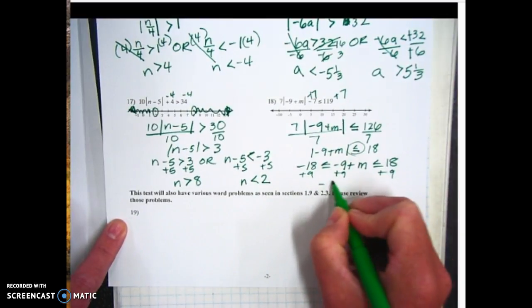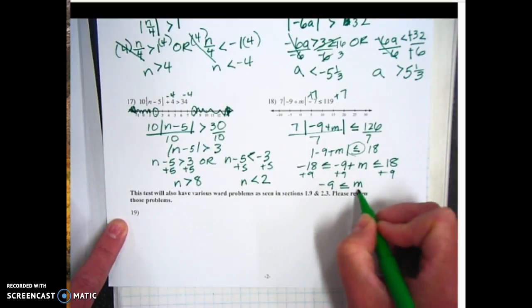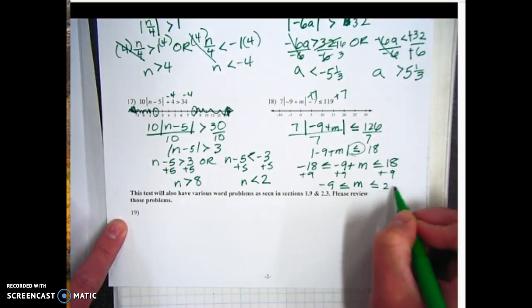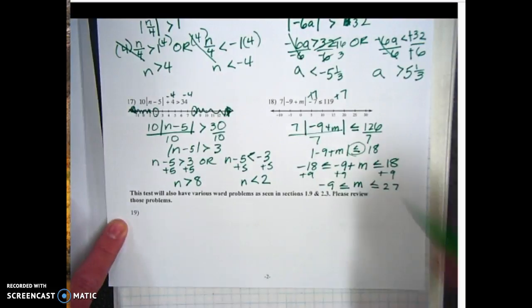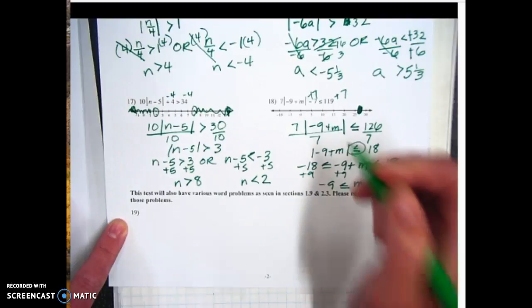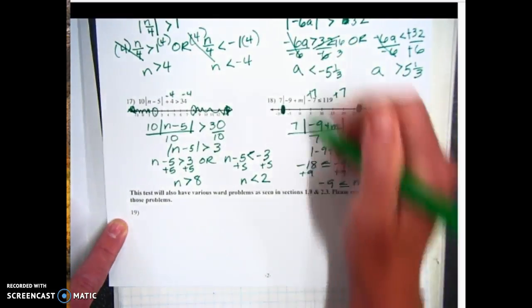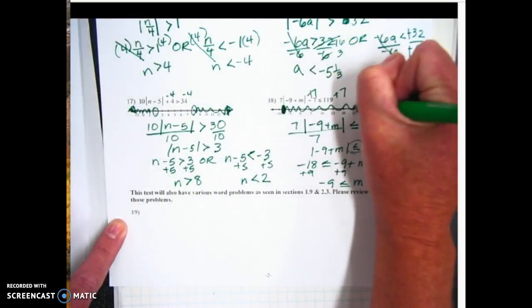And we've got negative 9 less than or equal to m, and m is less than or equal to 27. So at 27, we have a closed circle, and at negative 9, we have a closed circle. m is in between, so we shade in between.